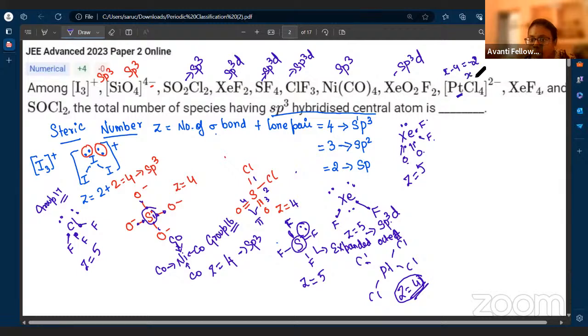So what will be the X value over here? It is going to be plus 2. Now, where does platinum come in the periodic table? To which group does it belong? Or tell me the outermost configuration of platinum.